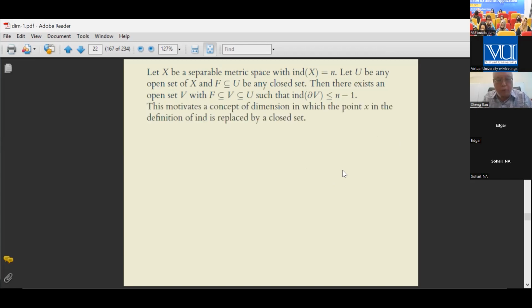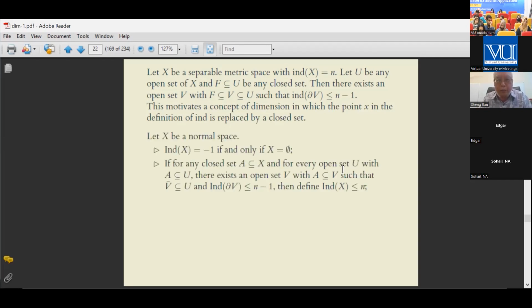This motivates another inductive dimension, which is called uppercase Ind. These are both due to Poincaré, but the systematic treatment appeared in Menger and Urysohn. So this is the definition of upper inductive dimension.